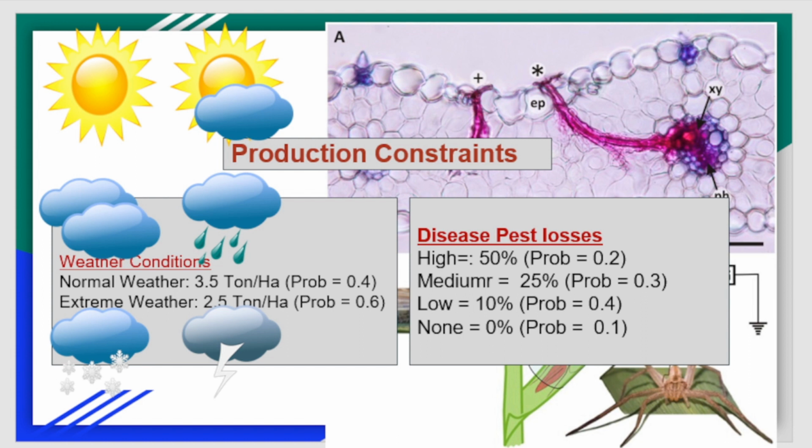There is a 60% chance that the farmer will encounter extreme weather, and then the productivity will drop to 2.5 tons per hectare.